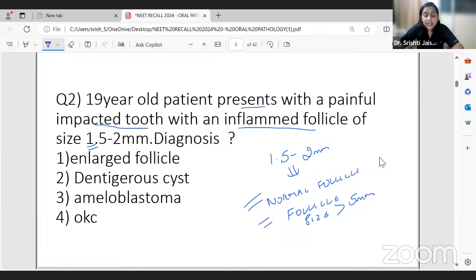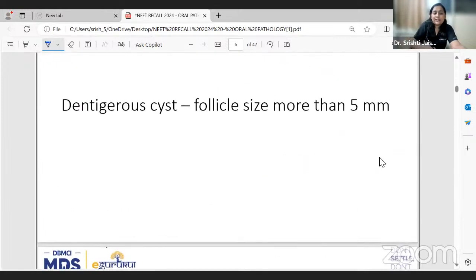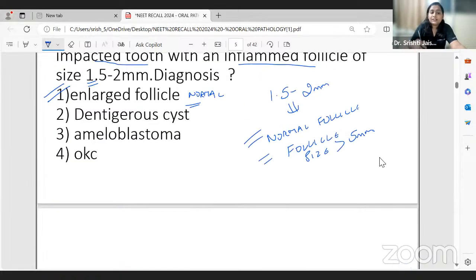So the most appropriate answer for this question is enlarged follicle. But if they would have given a normal follicle, it would have been more appropriate. But since we have 4 options and we have to choose one, that's how we have to go about it. In dentigerous, the follicle size is more than 5 mm. Here the answer is enlarged follicle.